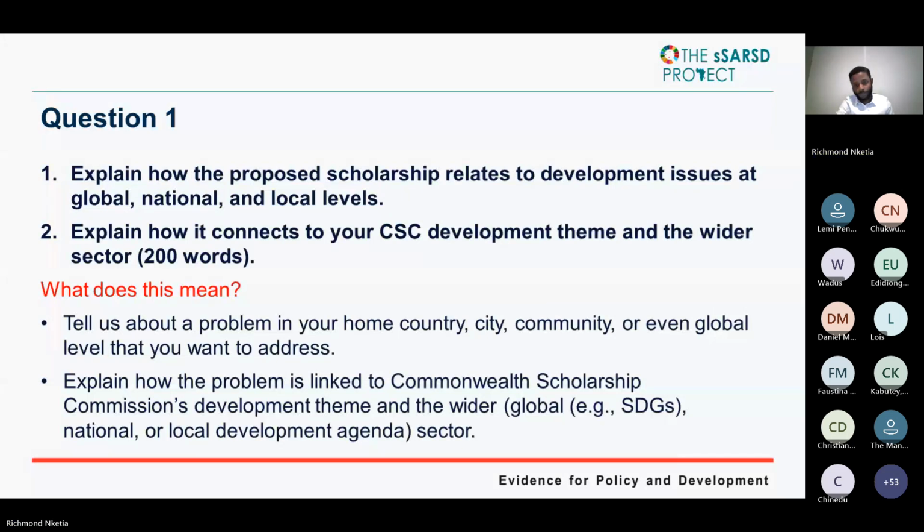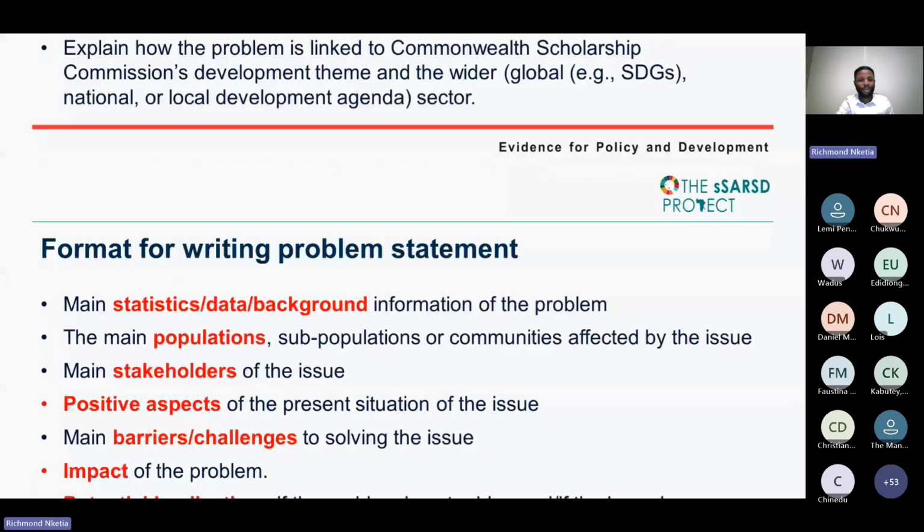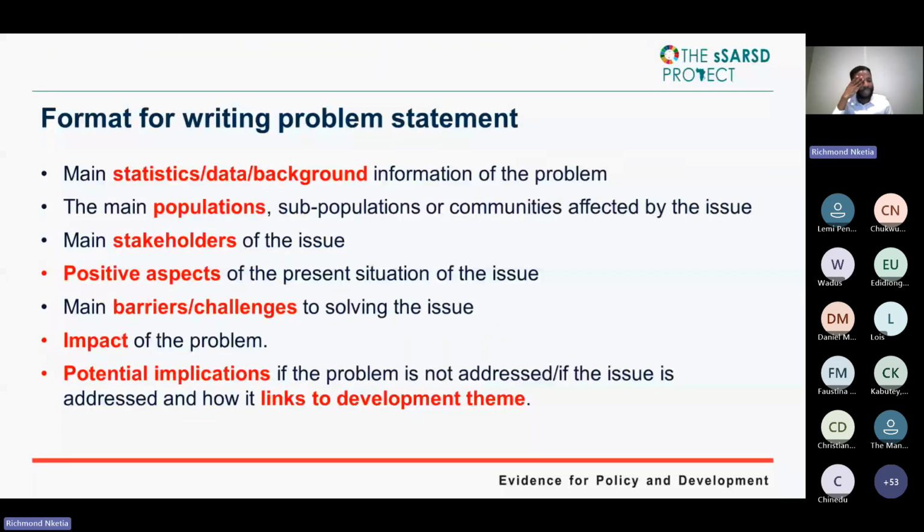So how do you approach this question? There's a format for writing a problem statement in research, and it still applies here because you're almost telling the same story. It may not necessarily follow the same format. Some may start with population and continue with statistics.